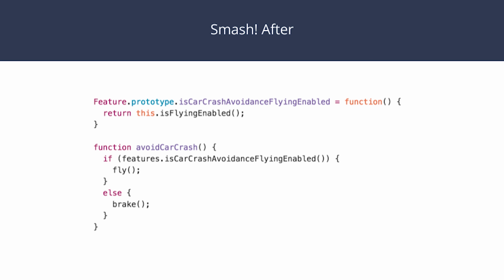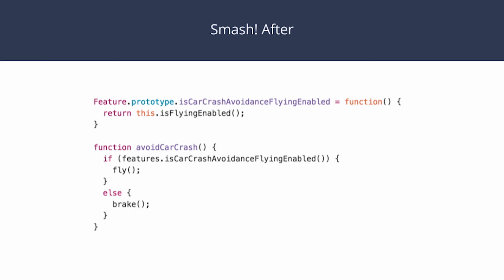What you do is you create more flags that all relate back to the main feature, and that way you have the ability to turn them on and off individually, but at the very beginning they're all going to be turned on by just isFlyingEnabled.